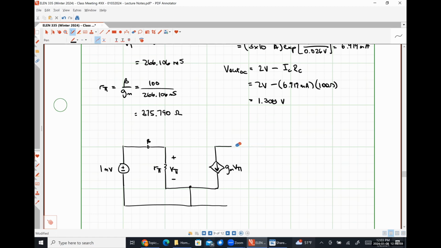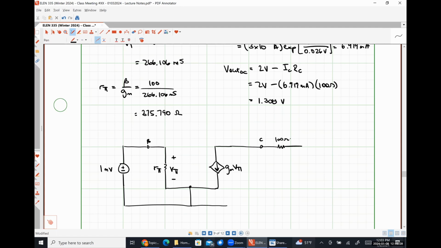I'm going to draw this terminal further over to the right because this will help me explain something here in a moment. Here's our collector. Here's our 100 ohm resistor. Now, I technically already did it, but I didn't do it with any explanation, so I'm going to explain things here.